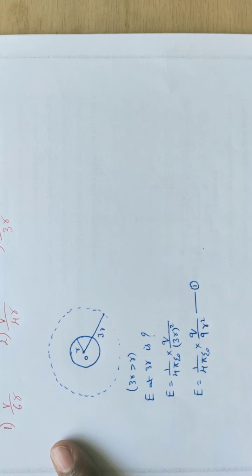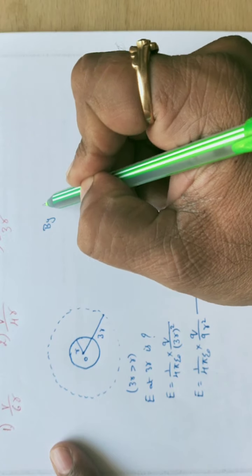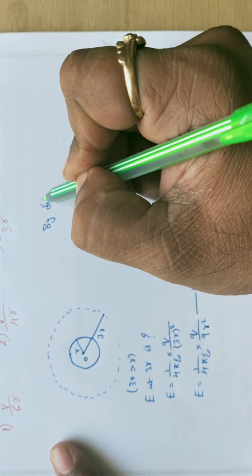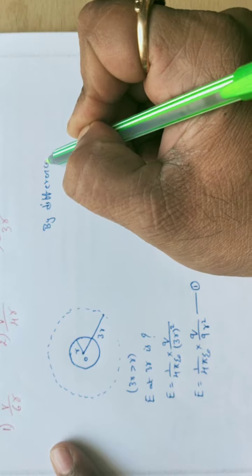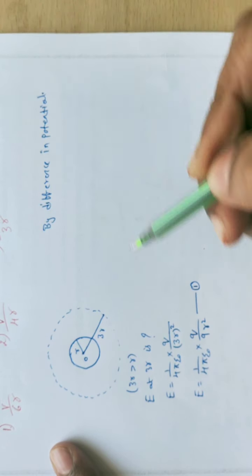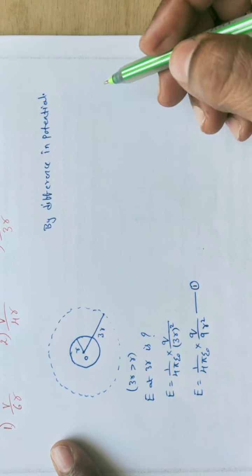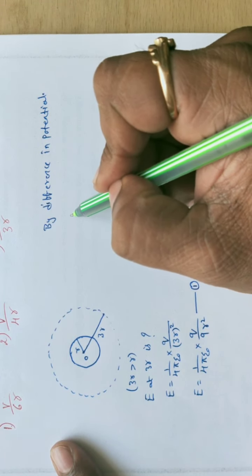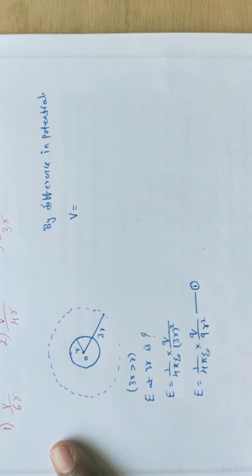One more thing: by the potential difference concept we want to find this out. We have two different potentials, one on the surface and another at a distance 3r.